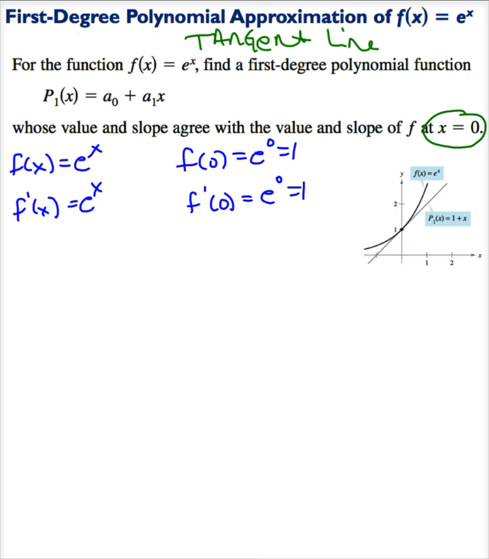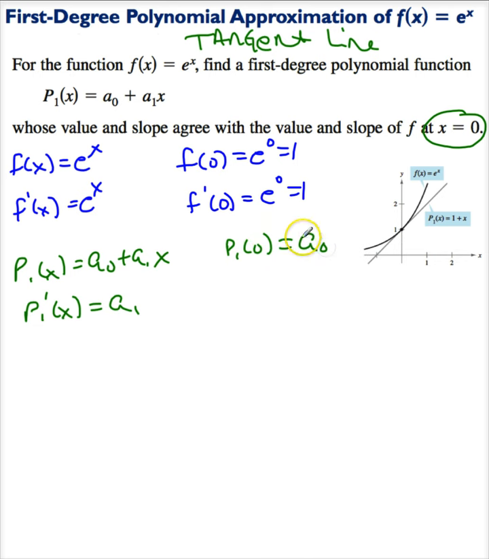Now let me look at my polynomial functions. P1 of x is a0 plus a1x. P1 prime of x is just a1. Now, what is P1 of 0? P1 of 0 is just a0, and P1 prime of 0 is a1.